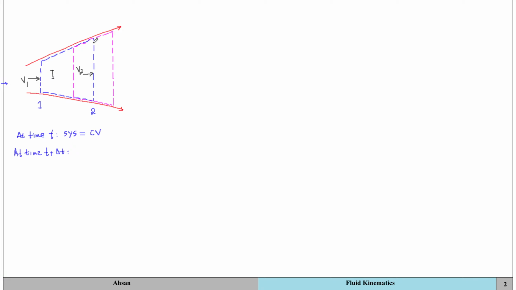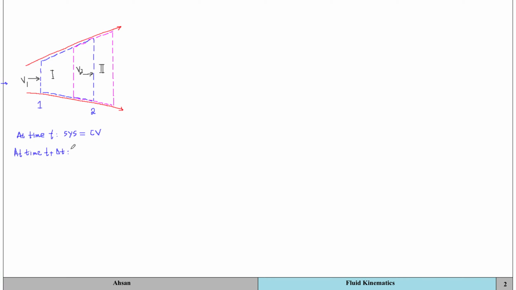And the new region that is covered by the system, which is this part, we designate by 2. Okay, so this is not part of the control volume. Just this is termed as 2.